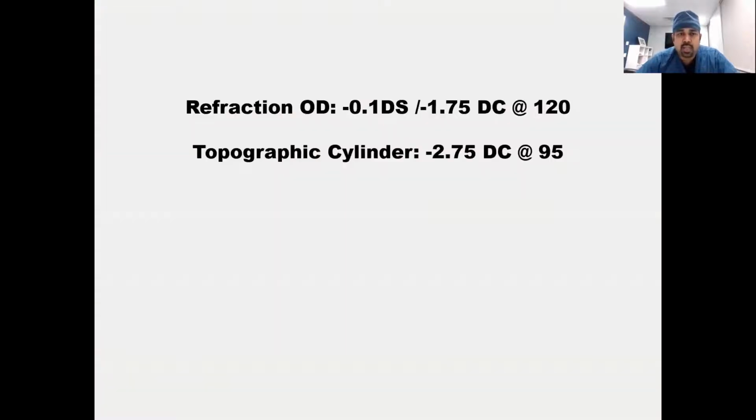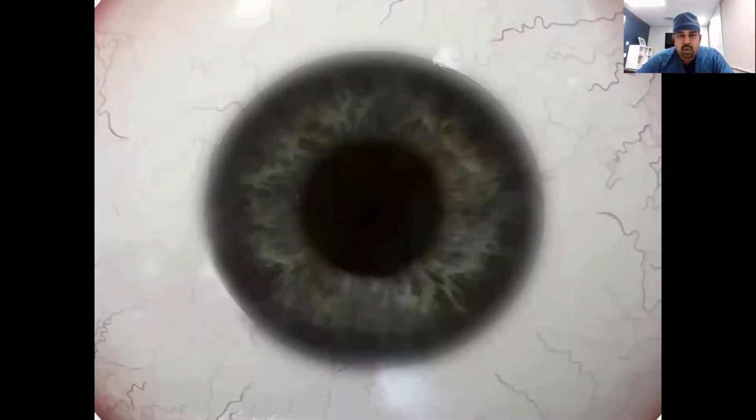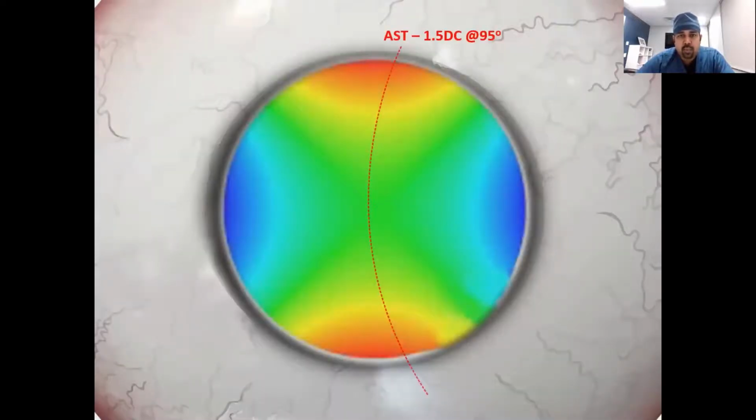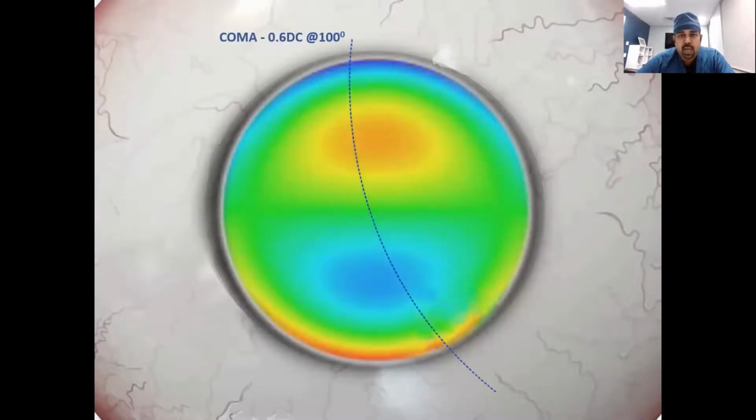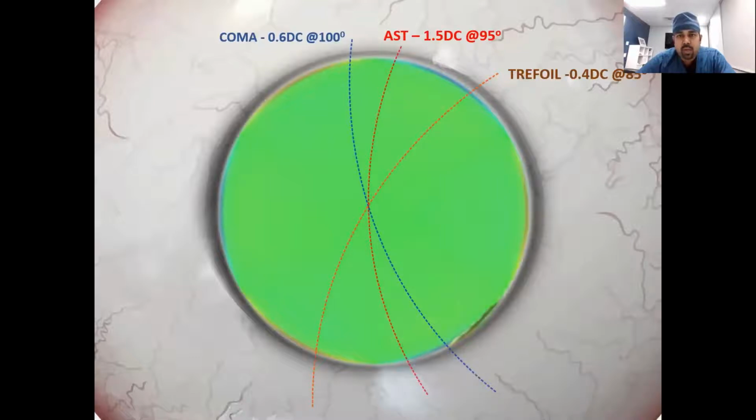When you look at, for example, this patient with a refraction cylinder of 1.75 and a topographic cylinder of 2.75, and the difference, if you look at how these aberrations could contribute, the actual second order astigmatism is only 1.5, and the patient could have 0.6 diopters of coma based on your analysis of aberrations, and 0.4 diopters of trefoil. All of these together would contribute to what the topographer measures as your astigmatism.